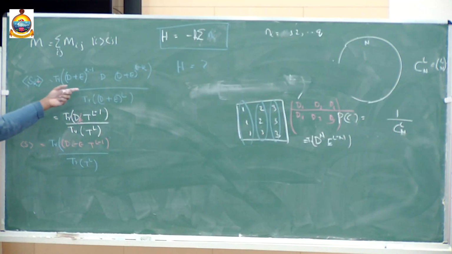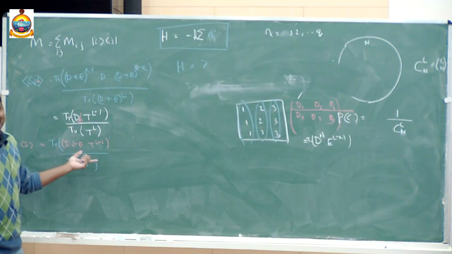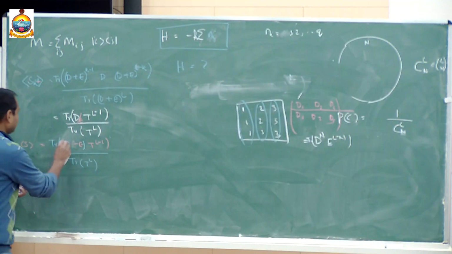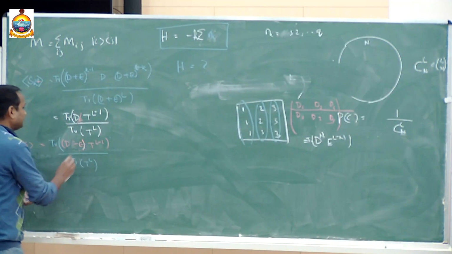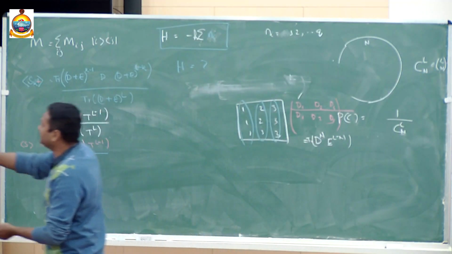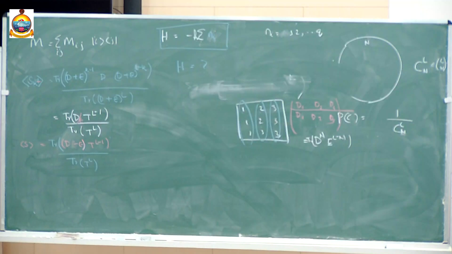I mean, I can just multiply and calculate it much easier, but I'm just showing that it was coming exactly like that, sigma z. So D minus E equal to just T sigma z. Yeah. D minus E times T to the power L minus 1. Now let us look at the notation of D. What is D minus E?